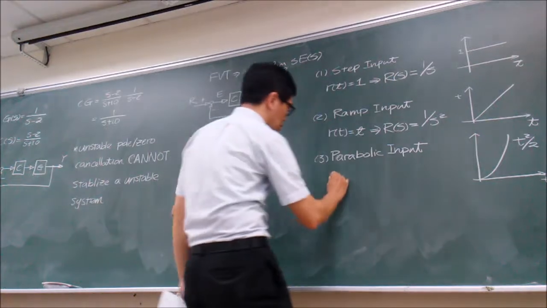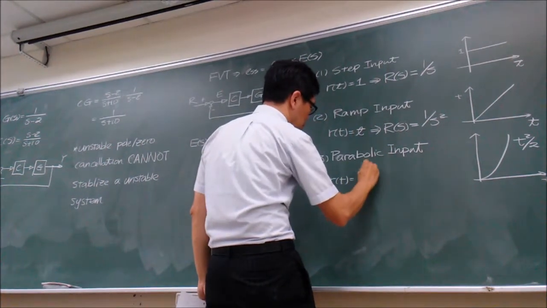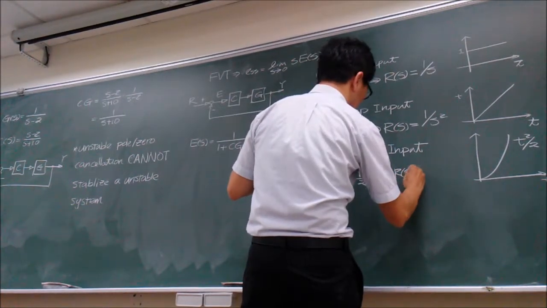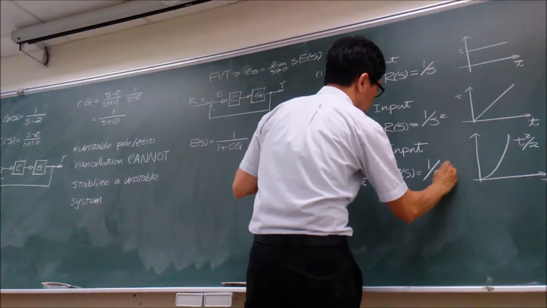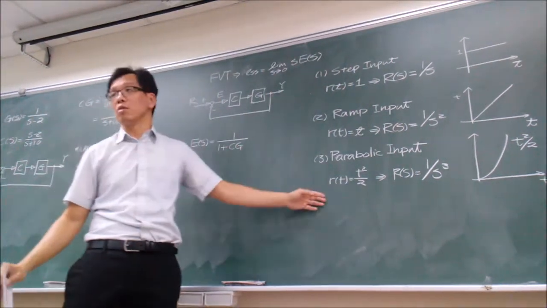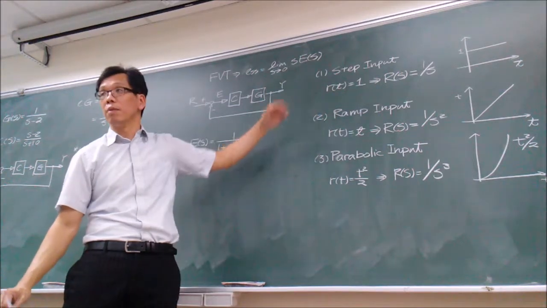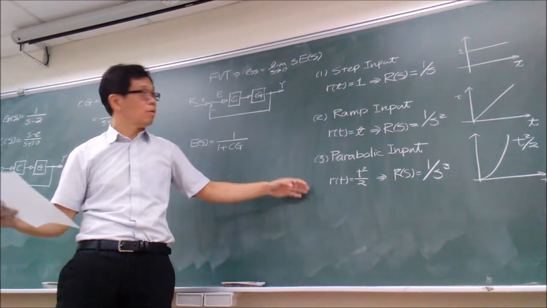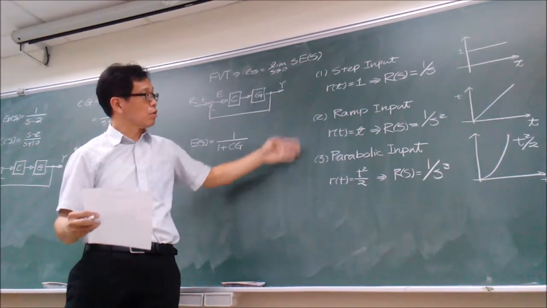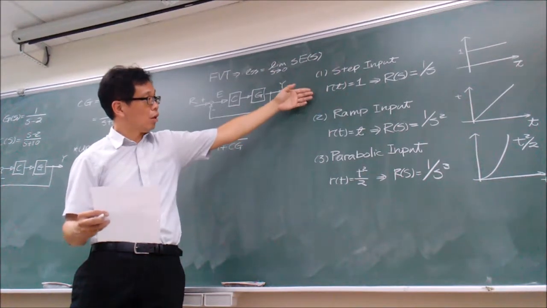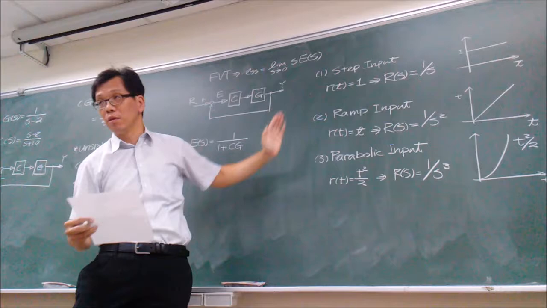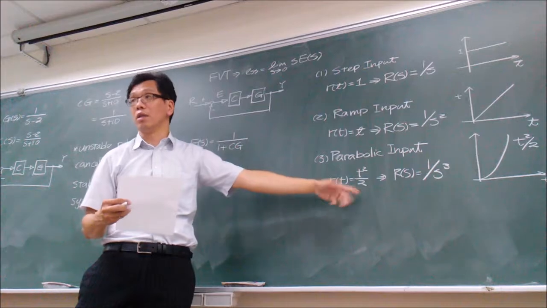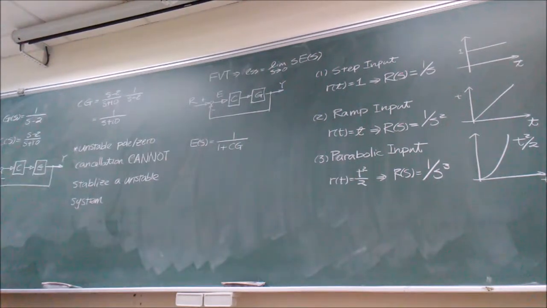Okay, so R(t) equals t squared over 2, which means my R(s) is going to be 1 over s cubed. We barely use this. Normally we are using those two, but this one is for some other purpose. I'm going to show you system types. So just keep in mind, you've got those kinds of inputs. You've got the step input, you've got the ramp input, which is proportional to the time, and you might have a higher order. It can be second order, it can be higher order. It doesn't matter. So when we have those, what are we going to do?